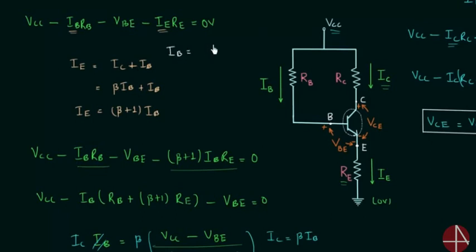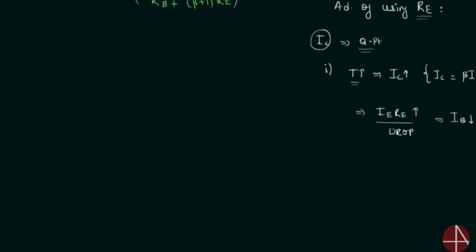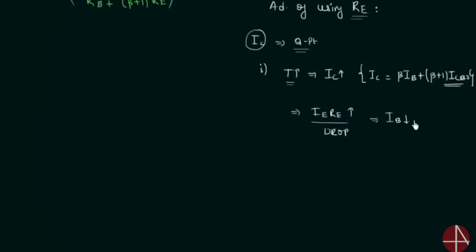is equal to VCC minus VBE minus IE RE divided by resistance RB, and when this drop IE RE increases, this implies the base current decreases, and when base current decreases, this implies the collector current will also decrease because collector current is equal to beta times the base current.